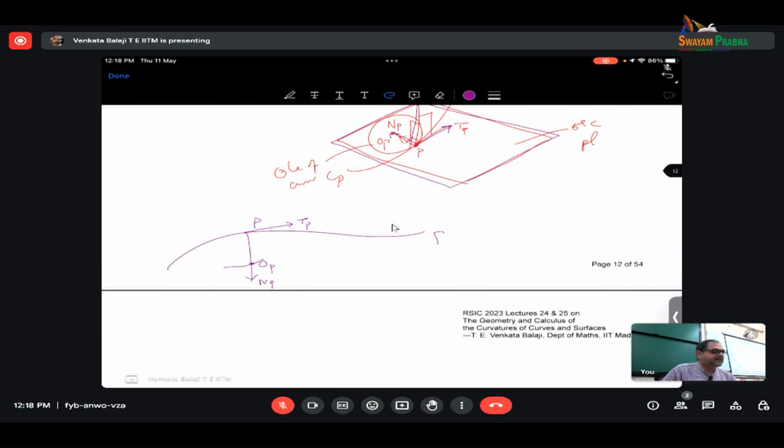As you change the point P, the centers of curvature will trace another curve. This centers of curvature will trace a locus. This is the locus of centers of curvature, which is what is called the evolute of the curve.